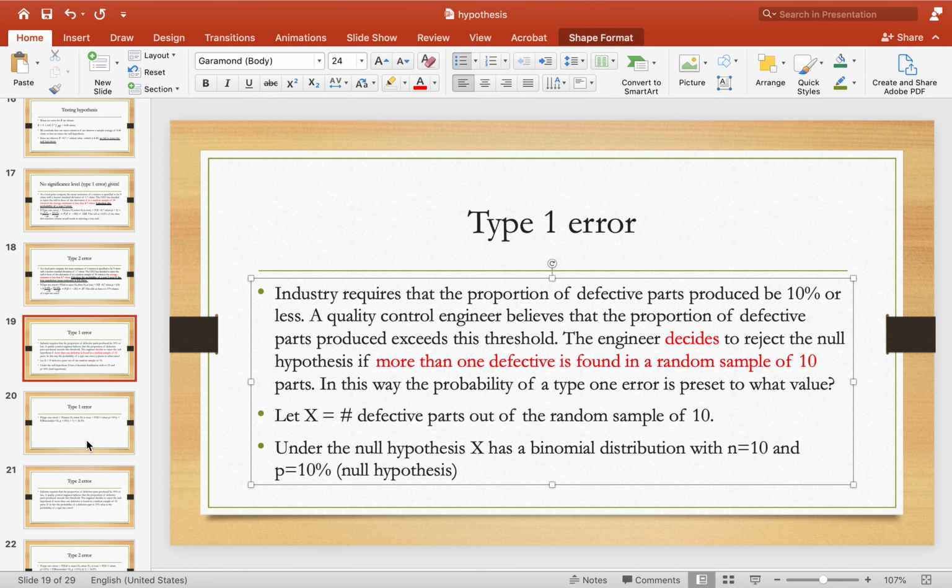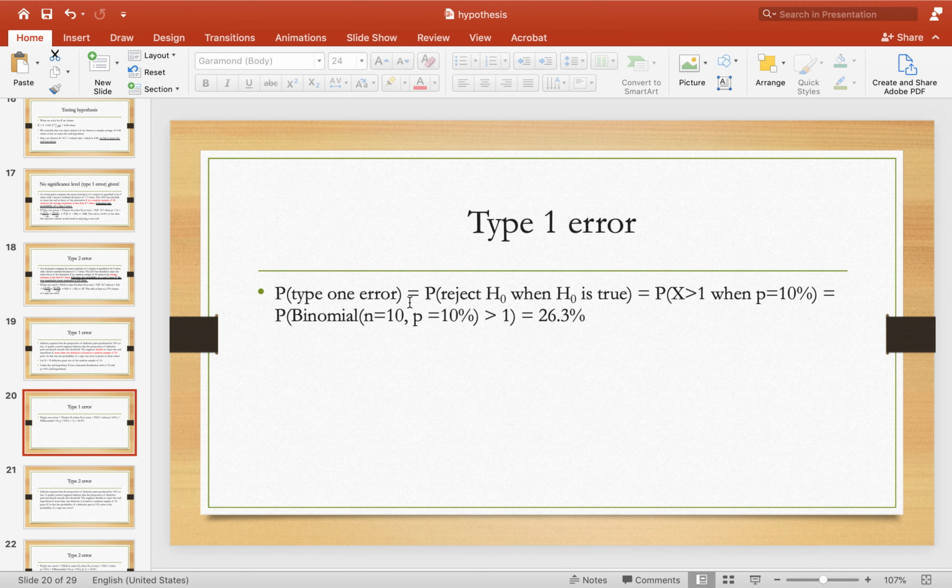So if I want to calculate the type 1 error, that means I reject H0 when H0 is true. Rejecting H0 means probability X is greater than 1 when P is equal to 10%. I just calculate the probability that the binomial distribution with n equals 10, P equals 10% is greater than 1.